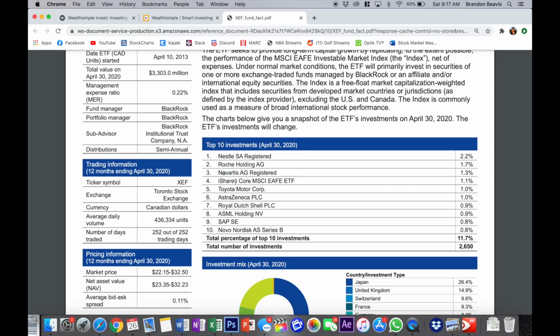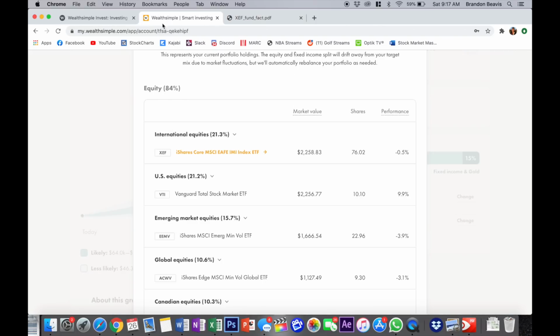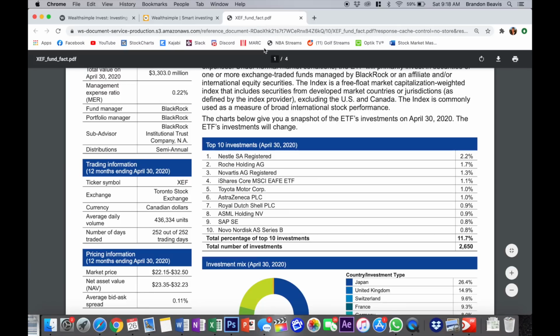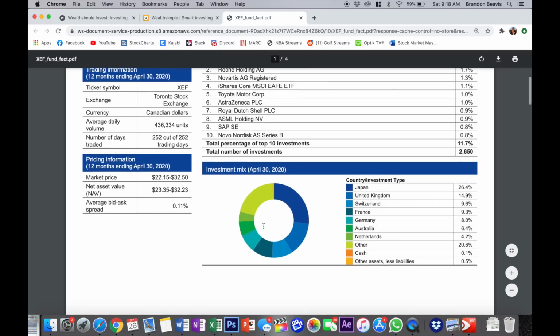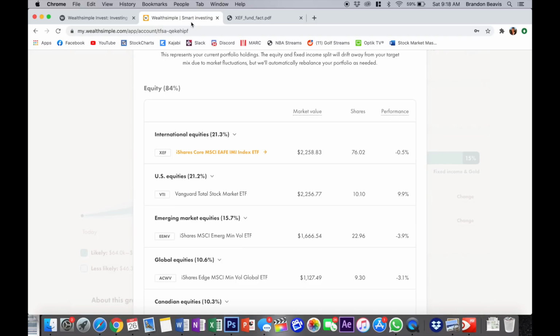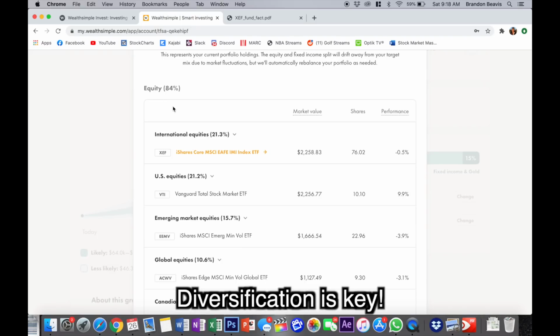Roche Holdings, Novartis, Toyota Motors. So Evan, by owning this ETF in his portfolio, is actually getting exposure to all of these companies, Royal Dutch Shell. And this is, of course, just the top 10, but you can see that he's getting a great level of exposure to some of these very unique companies, Japan, United Kingdom, Switzerland, etc. And that's really the name of the game by Wealthsimple standards: let's diversify you. Let's give you exposure across the board.